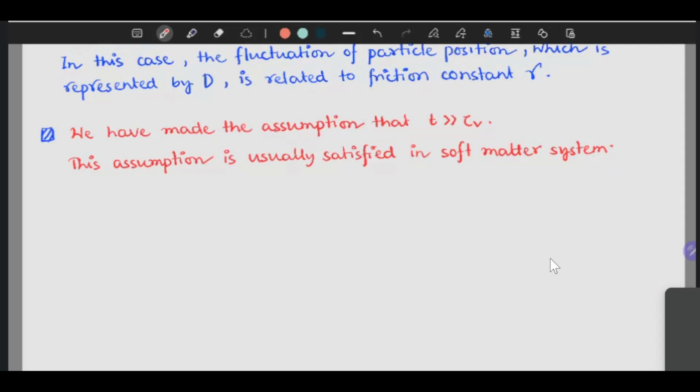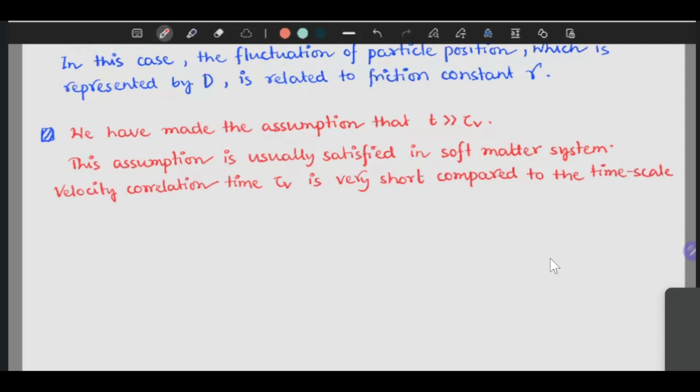So because the velocity correlation time tau v is very short compared to the time scale of soft matter.